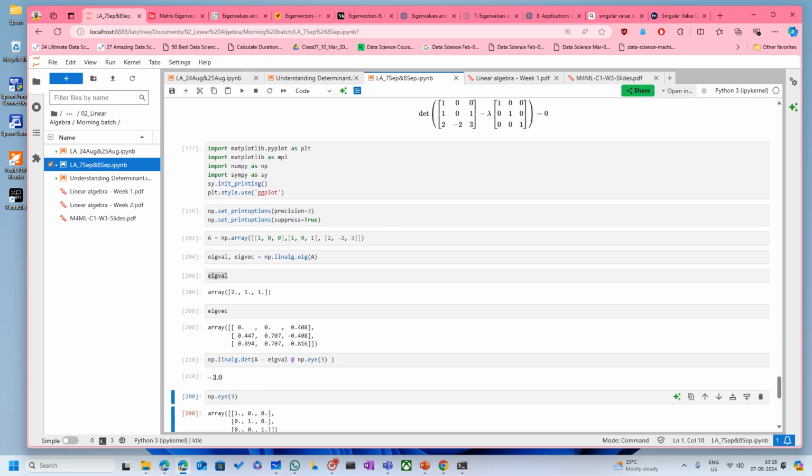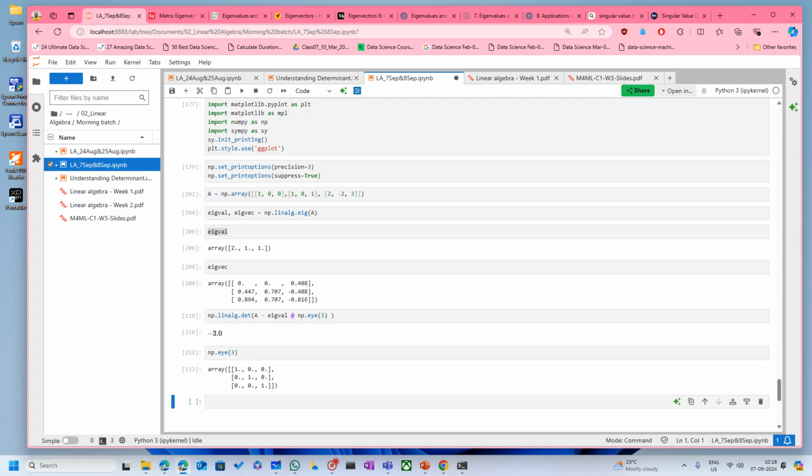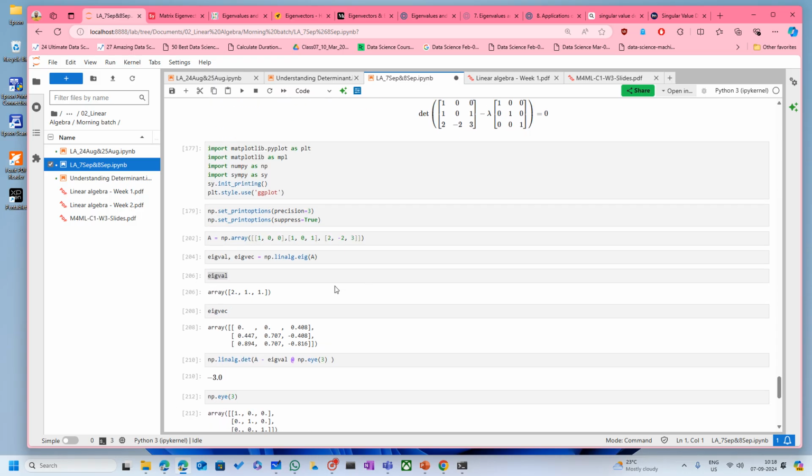Determinant of this is fine. The matrix is 1 0 0, 1 0 1, 2 -2 3.